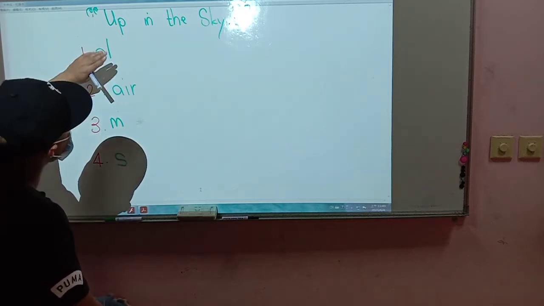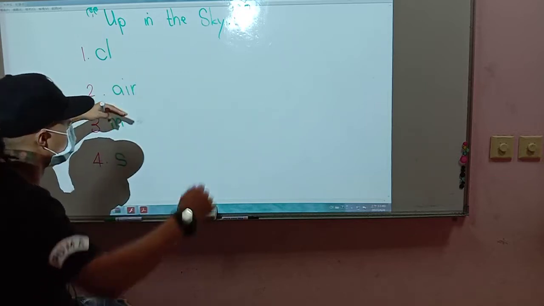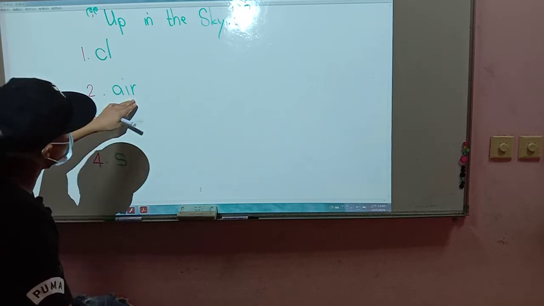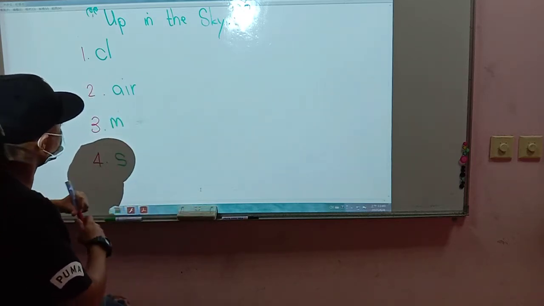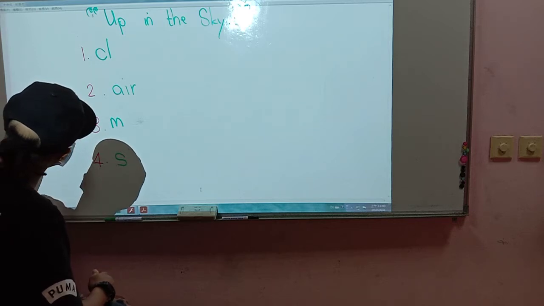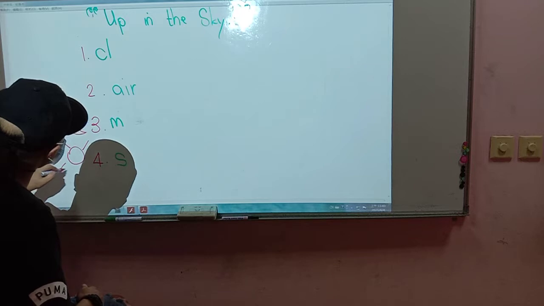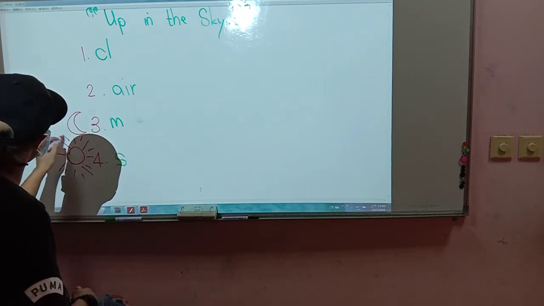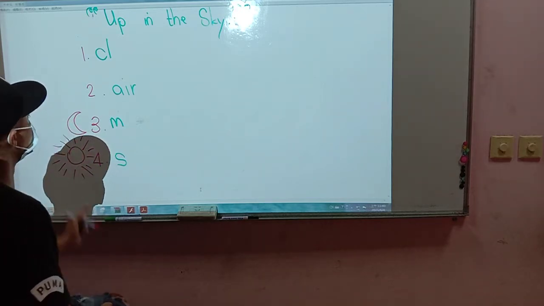Okay, so something that is white in the sky, something that can fly in the air, in the sky, it can fly, it's an air. This is something we see in the night, it looks like this. And this one over here. Okay, and this one. So I'm sure you can guess these two.